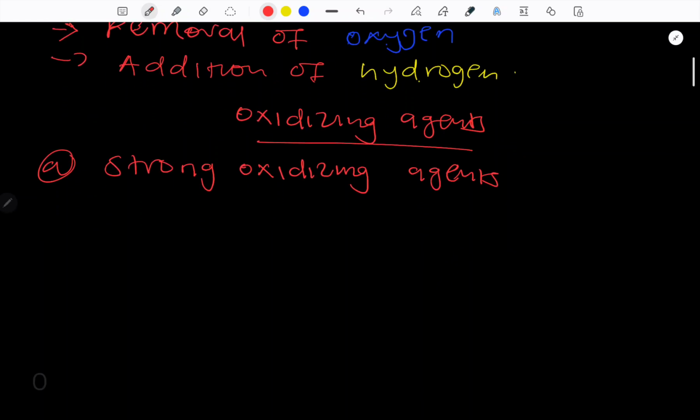What is the function, or what is the main law of these strong oxidizing agents when it comes to oxidation of alcohols?